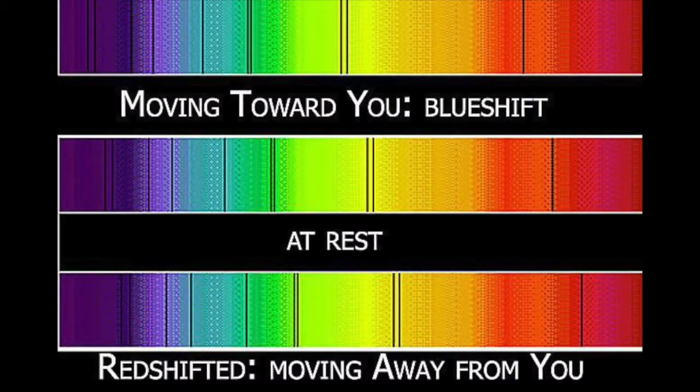A blueshift is just the converse of that. If a light-emitting object is moving towards us, then its light waves, also per the Doppler effect, will shift towards the shorter wavelength end of the spectrum. Now, the shorter wavelength end of the visible light spectrum is the blue end of the spectrum. So its light waves shift to the blue end.